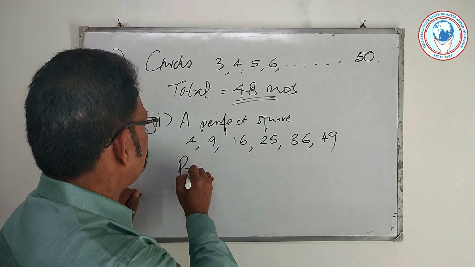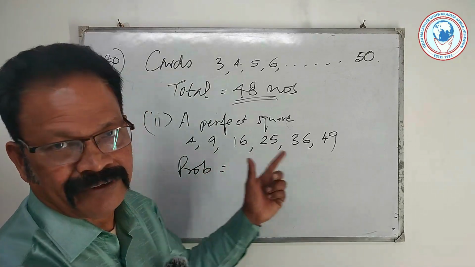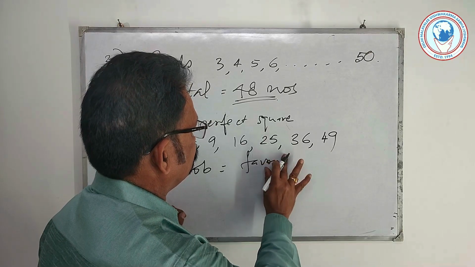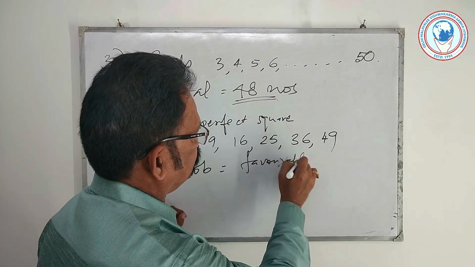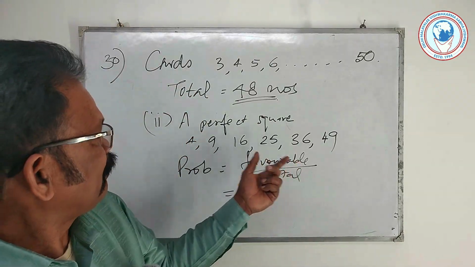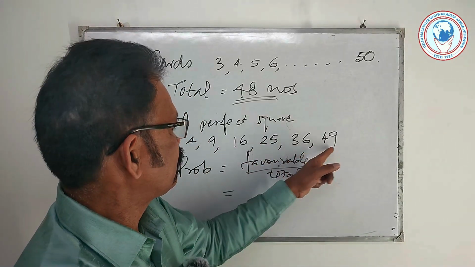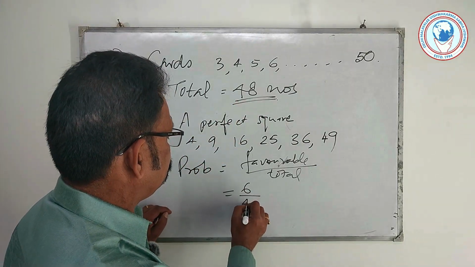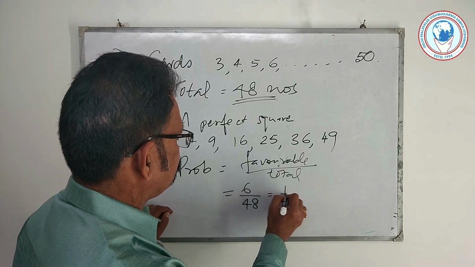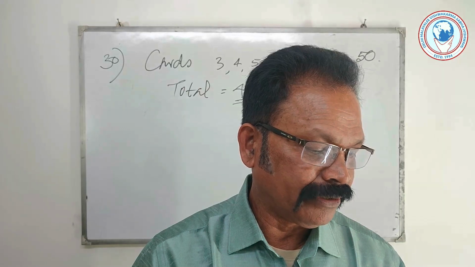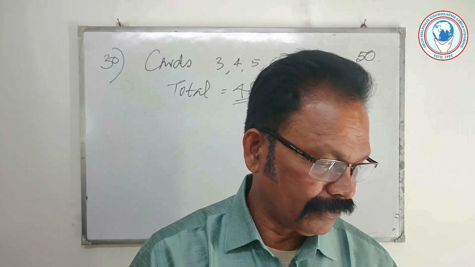Therefore, probability of an event is equal to favorable divided by total. See how many are favorable numbers: 1, 2, 3, 4, 5, 6. 6 out of 48, that is equal to 1 by 8.